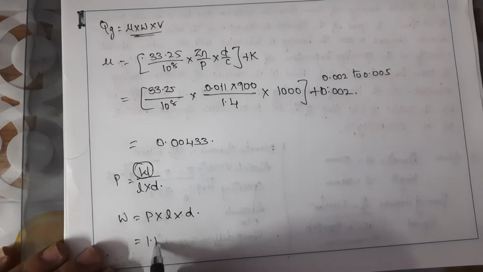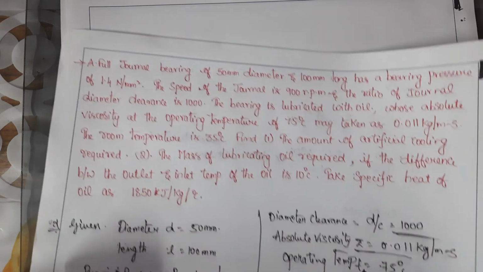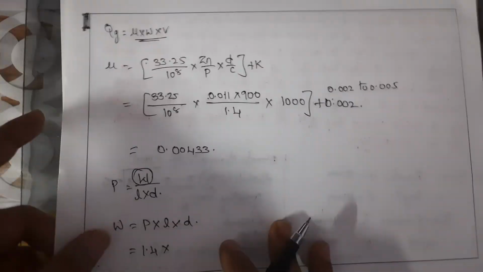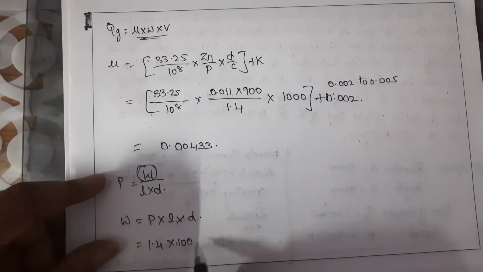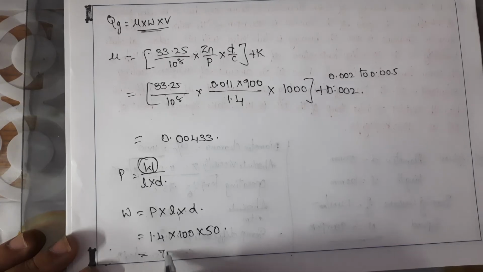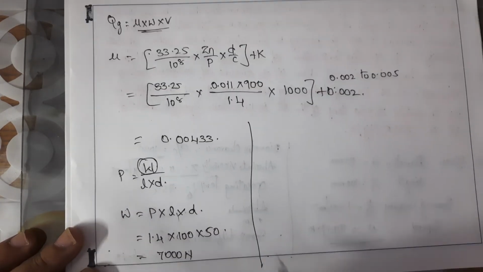P will be 1.4 into length, he has given as 100 mm, and diameter he has given as 50 mm. So the load value will be 7000 newtons. This is the value that I have got.